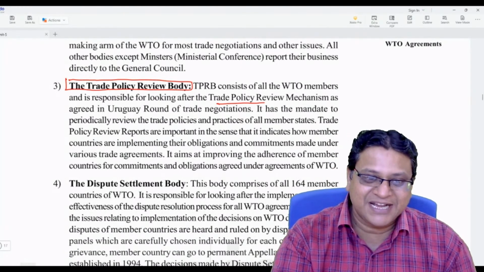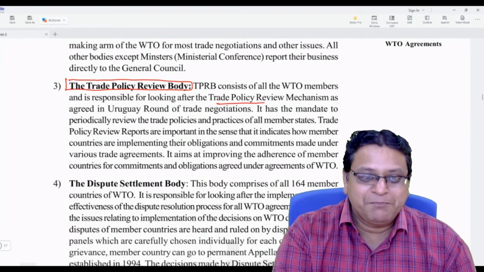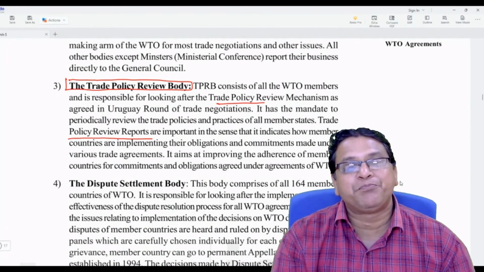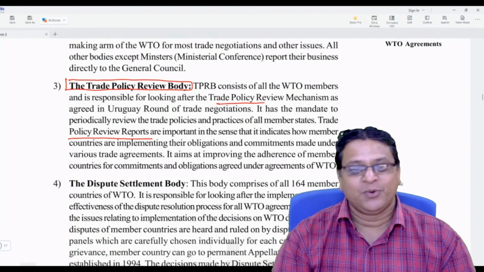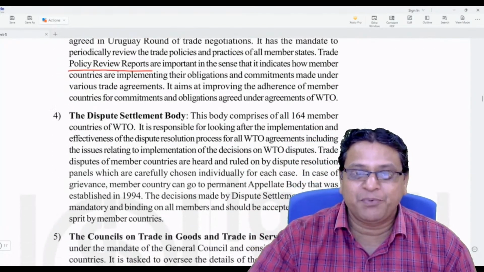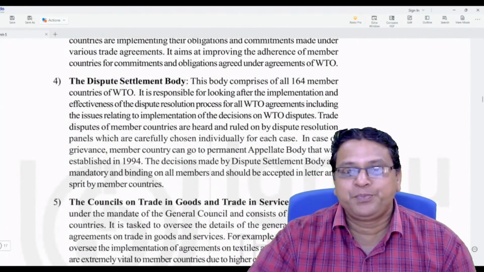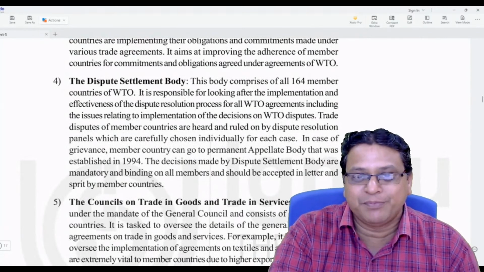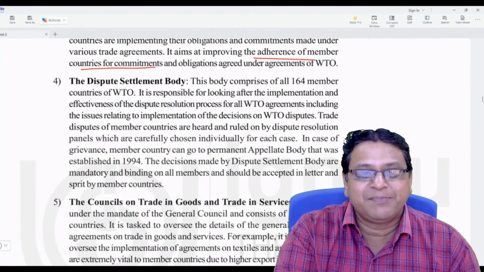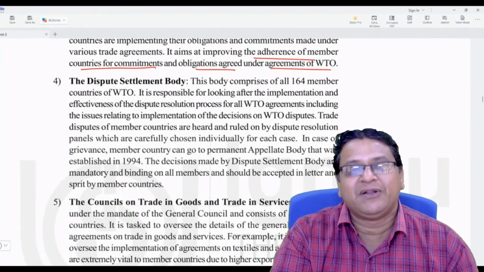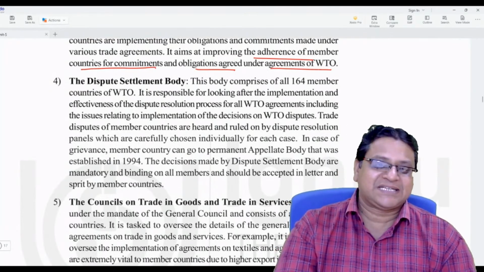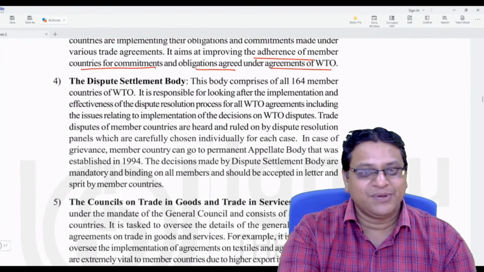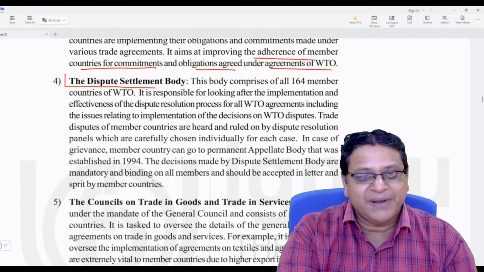This body prepares policy review reports periodically, and these reports aim at improving adherence of member countries to the commitments and obligations made under WTO. The next important body under WTO is the dispute settlement body.